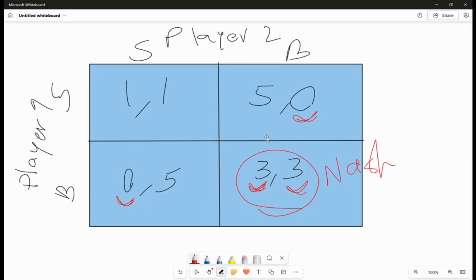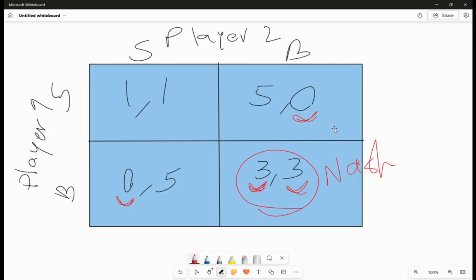Under low price by player 2, keeping the price low is going to provide player 1 greater profit. So under low price by firm 2, firm 1 is going to play low price. What if player 2 plays high price? What would be the best response by player 1?